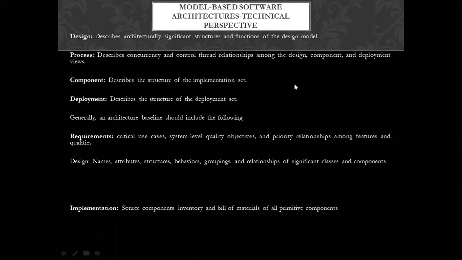The deployment view addresses executable realizations of the system, like the allocation of logical processes to physical resources, using deployment diagrams, and what you have to consider during the deployment part. Use case manuals, user manuals, and installation manuals all become part of the deployment. So that's it for this model-based software architecture.